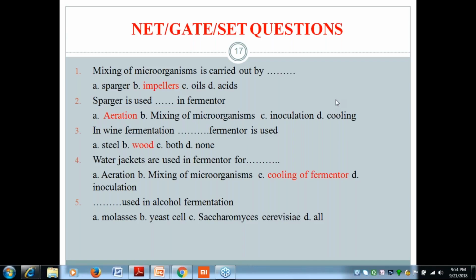Simple answer is impellers. You are getting it, no? Everyone? Yes, Akanksha. So mixing of microorganisms is carried out by impellers. Second question: sparger is used for which purpose? Simple answer is aeration. Sparger is used for aeration purpose.